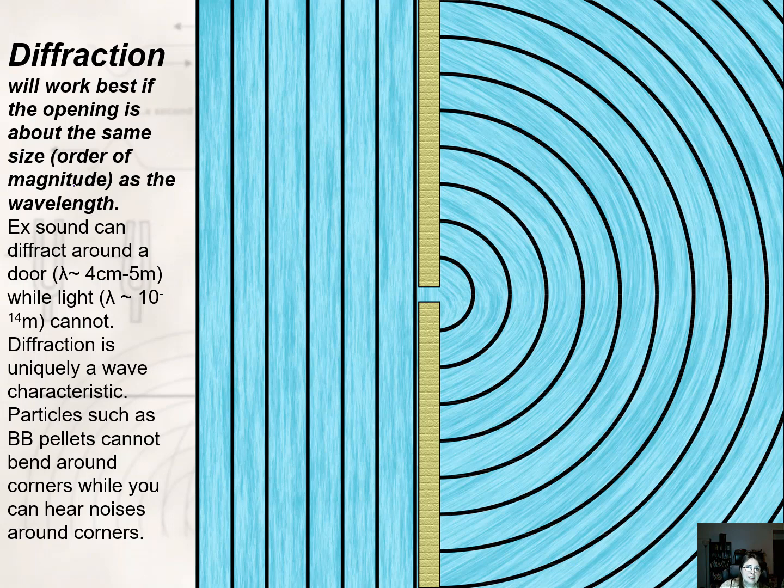So this is an example that shows that light acts as a wave because light does diffract as well. But other things like BB guns, as you can see in the example here, are not going to turn the corner, no matter how cool Salt was. If you saw that movie, the bullets don't bend like that. You have to look that up if you haven't watched it.